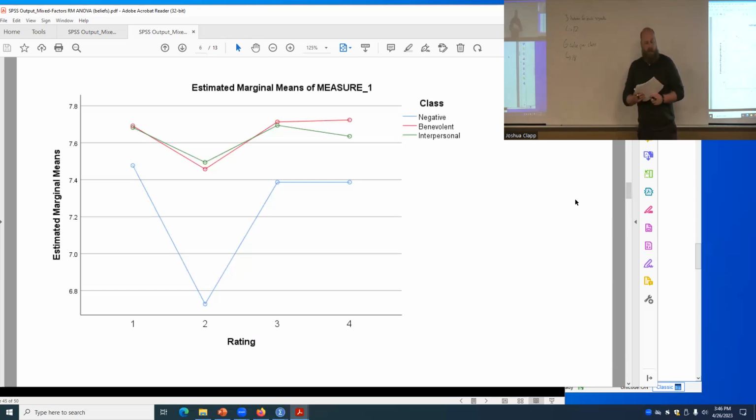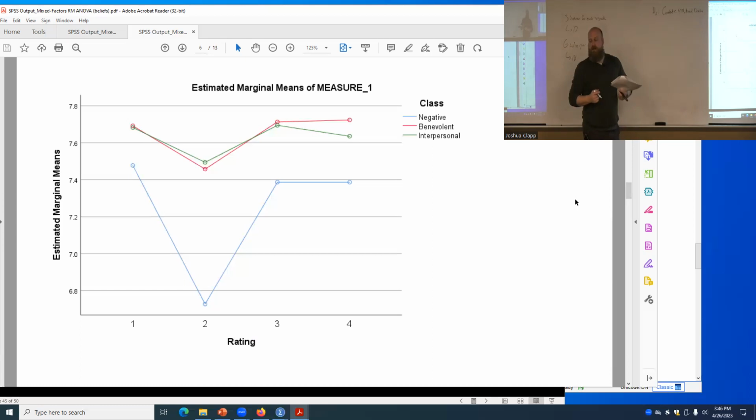Let's say, just for the sake of argument, that my a priori hypothesis is that ratings for combat are going to be less than MBA and assault.